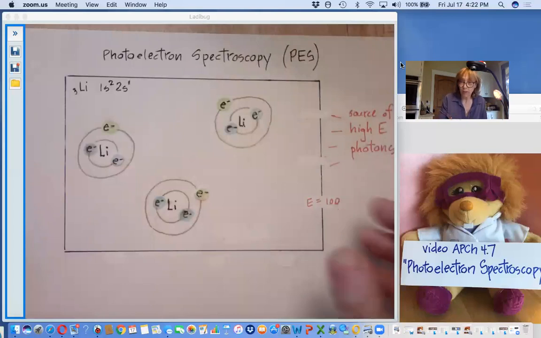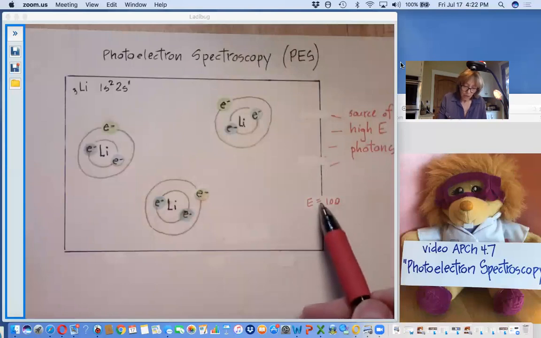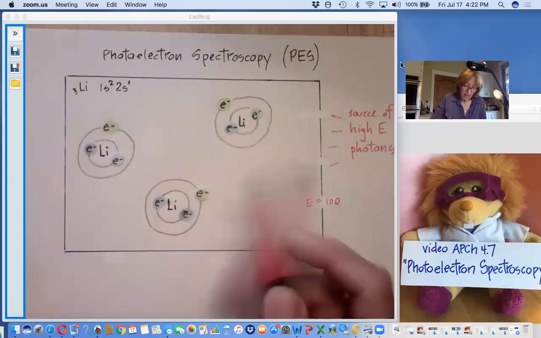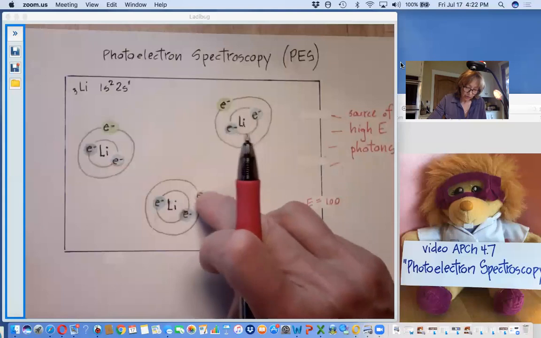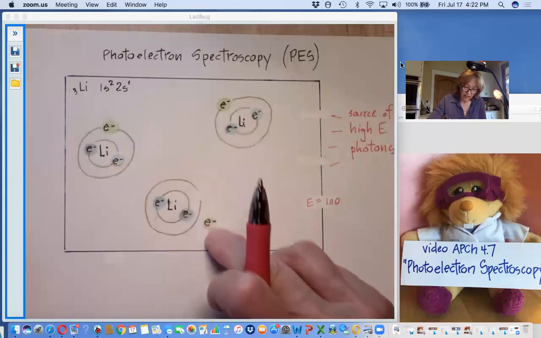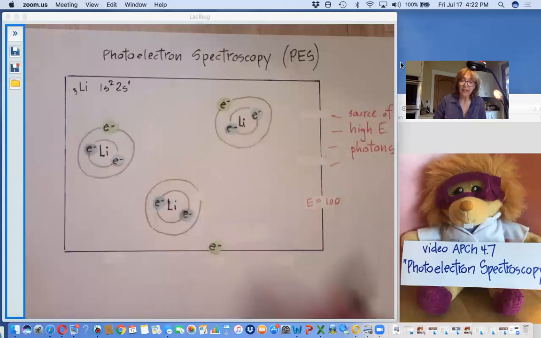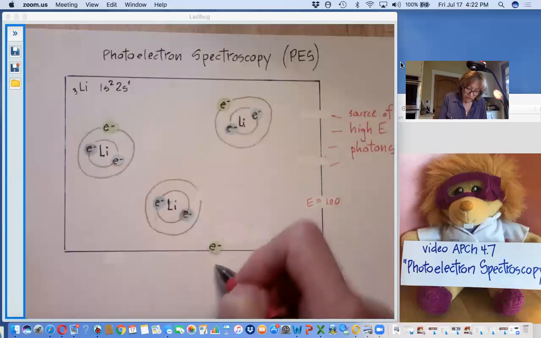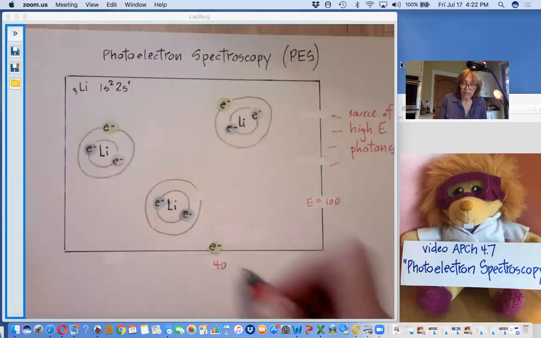It is simply a quantum or a packet of energy. And if that photon happens to strike this electron, it will dislodge it. And the dislodged electron leaves the atom and just travels along until it hits the detector. And as it hits the detector, it registers a value of 40.